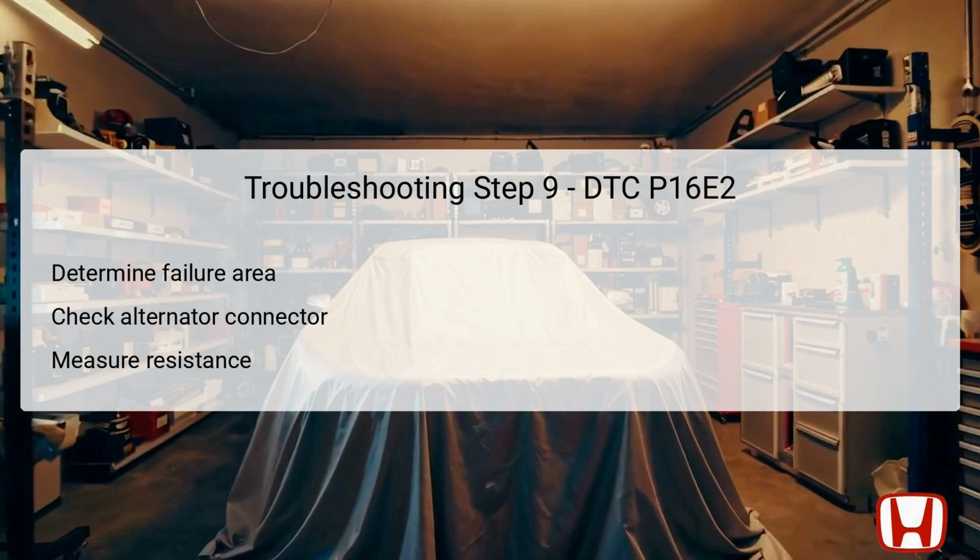Step 9 continues the search for failure areas concerning the DTC P16E2, focusing on the LIN communication pathway. Start by confirming the vehicle is in the off mode before disconnecting the alternator's 1P connector again.